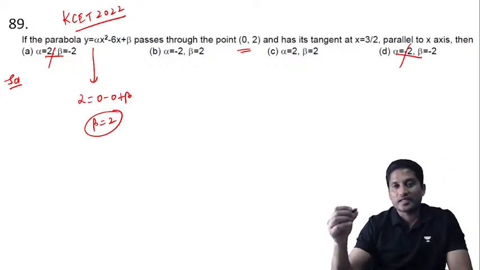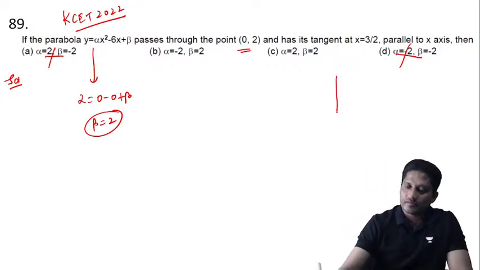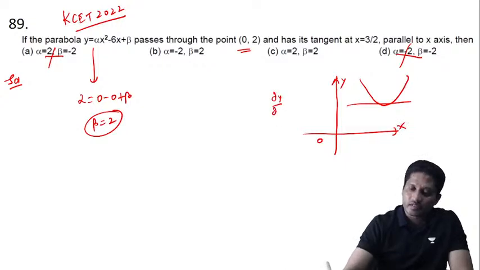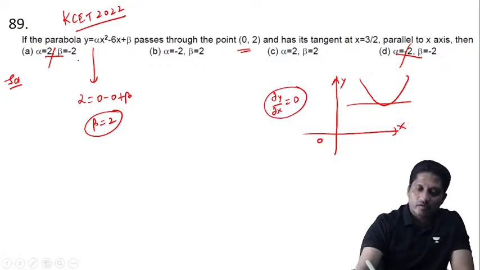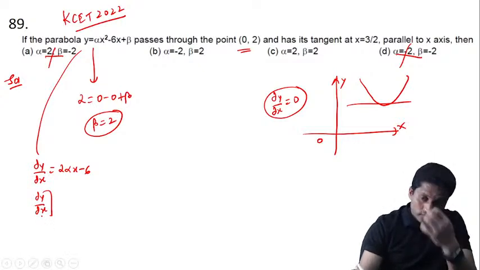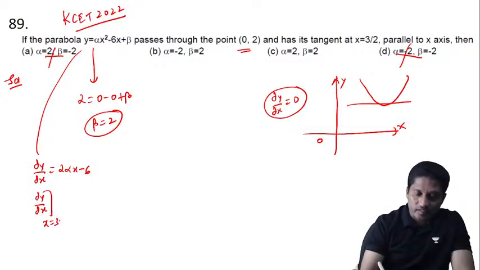Okay, now tangent at 3 by 2 parallel to x-axis. Whenever the tangent is parallel to x-axis, slope should be 0, right? If the tangent is parallel to x-axis, dy by dx should be 0. Now if I differentiate this, dy by dx is equal to 2 alpha x minus 6. Dy by dx at x is equal to 3 by 2 according to the question is equal to 2 alpha into 3 by 2 minus 6.